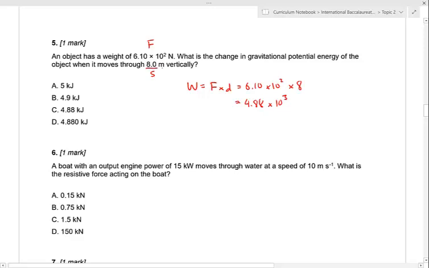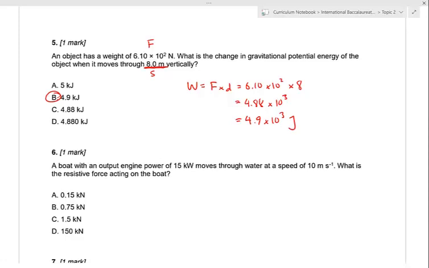But this was given to two significant figures, so it should be 4.9 times 10 to the 3 joules. So B is the answer here. This is really a significant figure question because they're all correct.